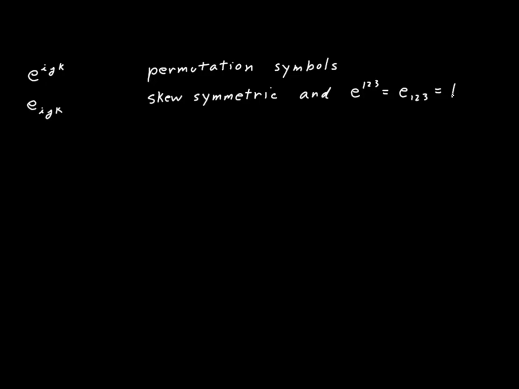Well, it means, first of all, that the value of either of these is going to be 0 for duplicate indexes. And the value will be 1 for even permutations, and it will be -1 for odd permutations.